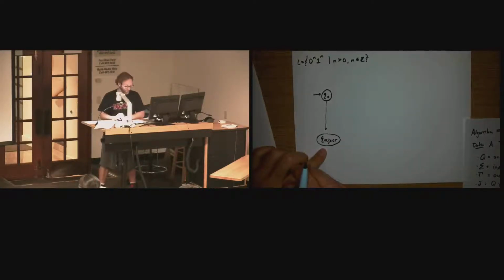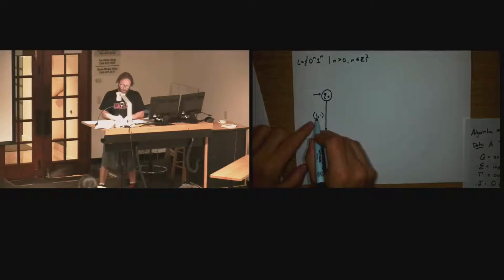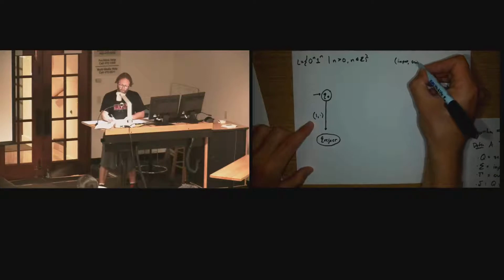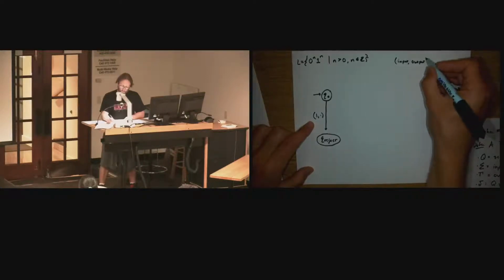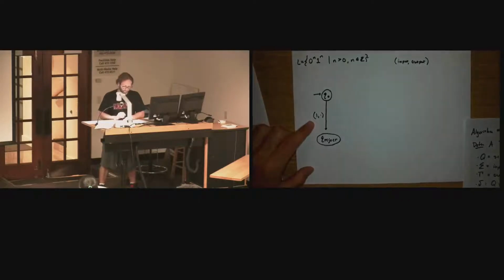Okay? So when I see a 1, it doesn't matter what I see. This is the input, this is the output. It doesn't matter what I see in the output, so I'll just use a dot to denote that. If you see a 1 on the input, then I'll go to this state and I'll reject it and I'm done.